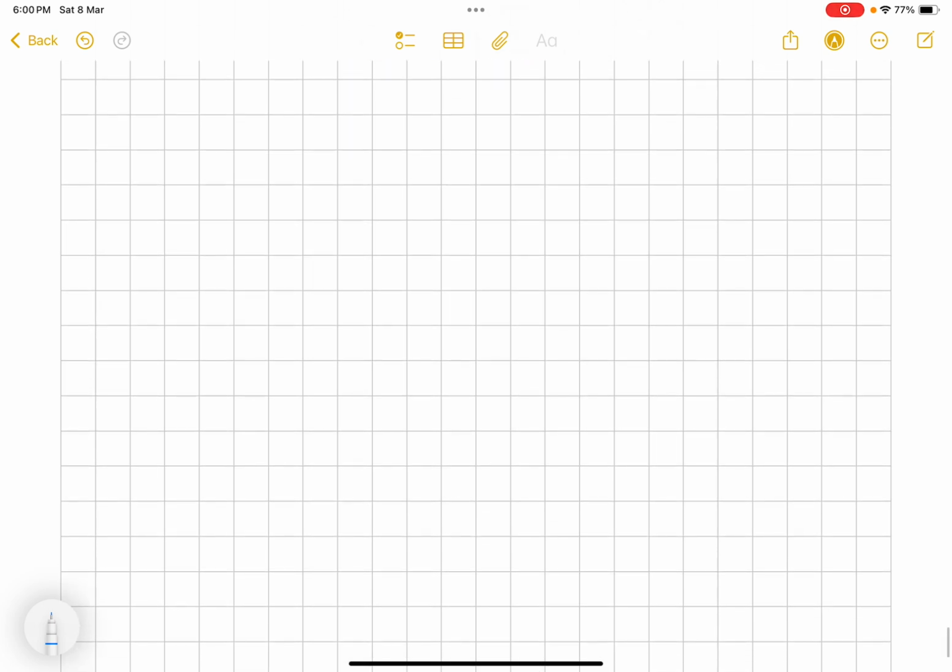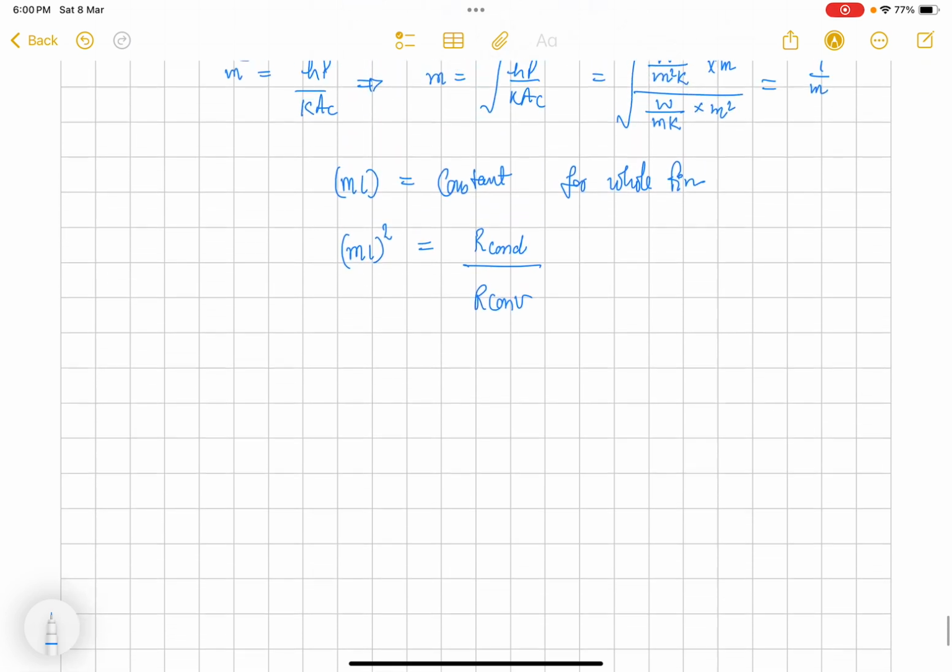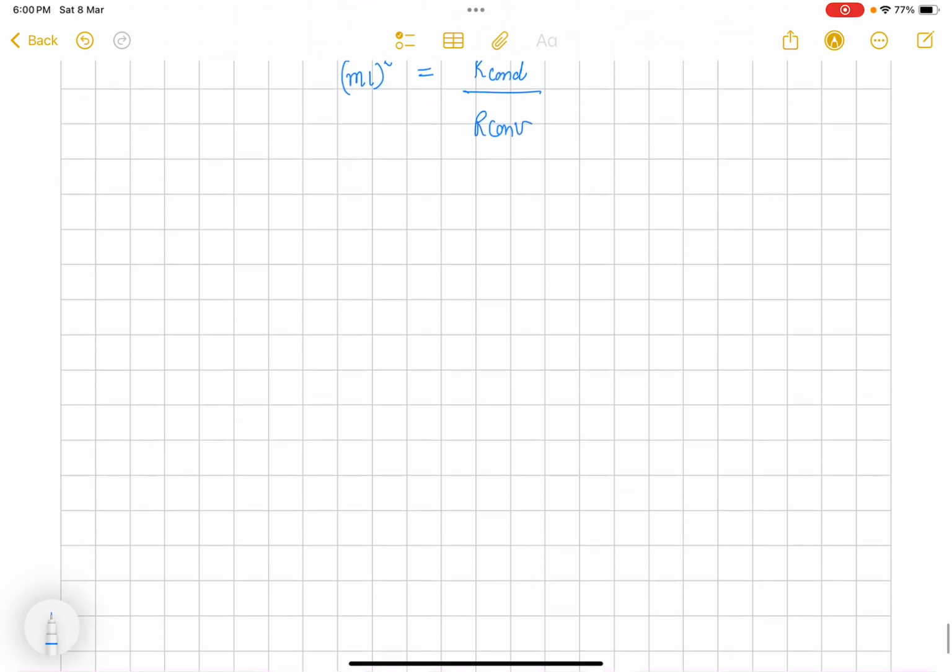So for the first case, when we have a very long or infinite fin, how to find the temperature profile and what is the heat transfer? We will see that now. So case 1.